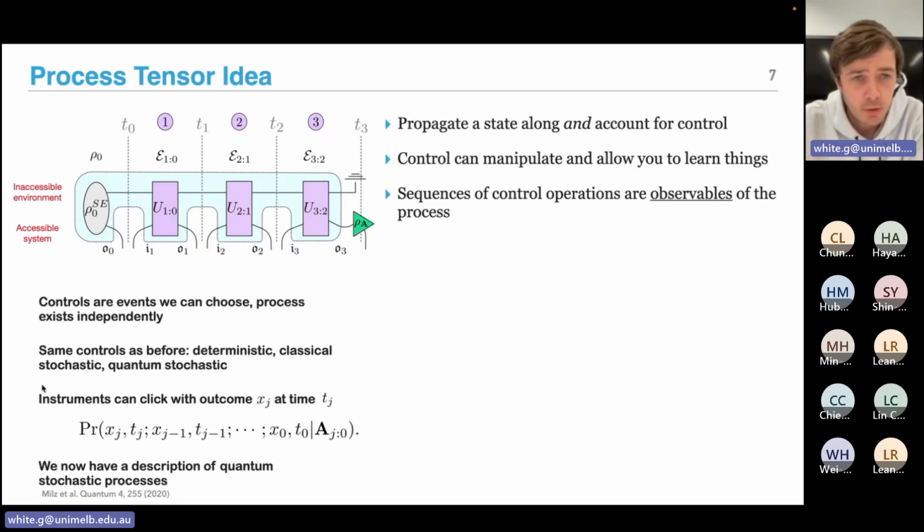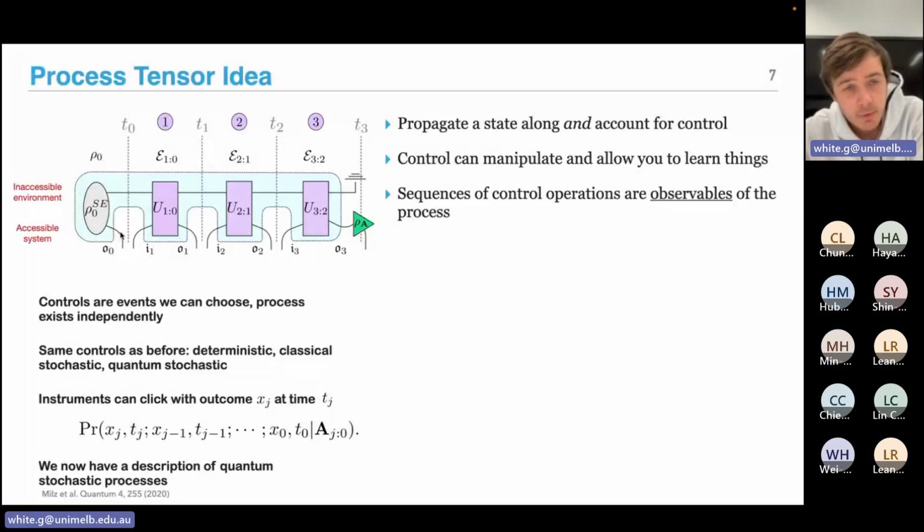So control operations in this context, you know, they can be things like unitaries, they can be things like noise maps, but in particular, or in maybe full generality, these can be quantum instruments. So a quantum instrument, if you're not familiar with it, is essentially just a completely positive trace non-increasing map. So a dynamical map which can be non-deterministic. So for example, a mid-circuit measurement and then a repreparation is an example of this.